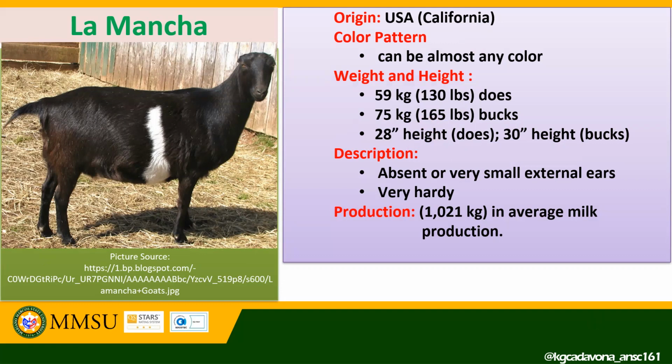What is the most special characteristic of La Mancha goats? The most special characteristic of La Mancha goats is their ears, right? Because if you look at the picture, it seems like they have no ears. So they could really be absent or have very small external ears.